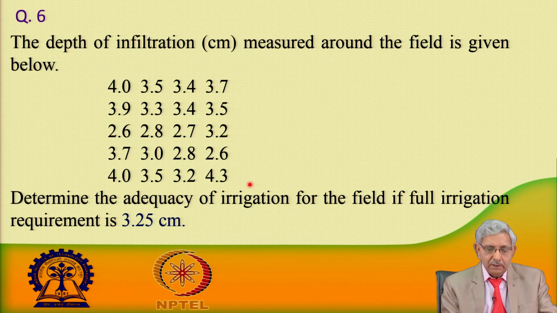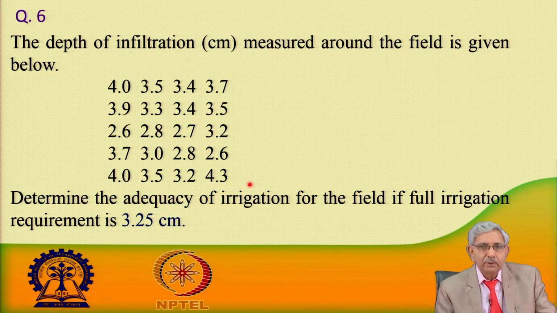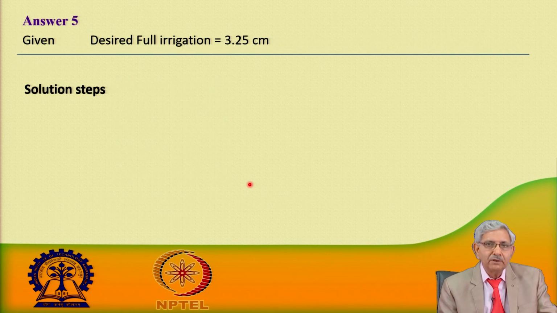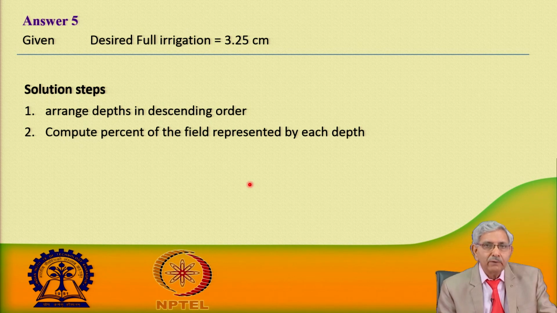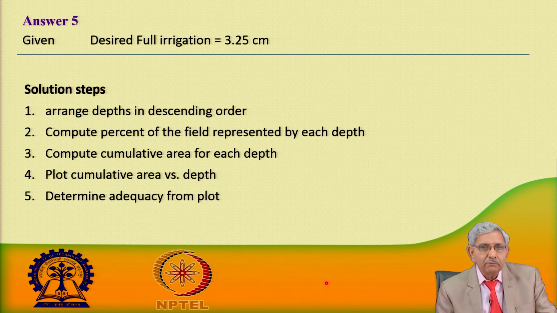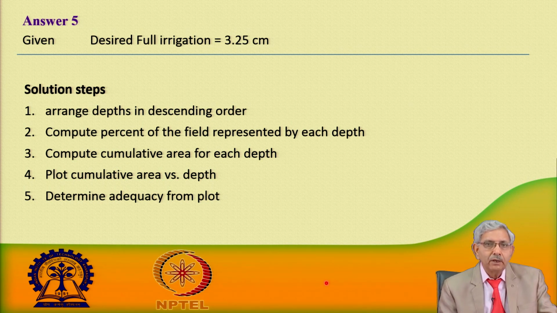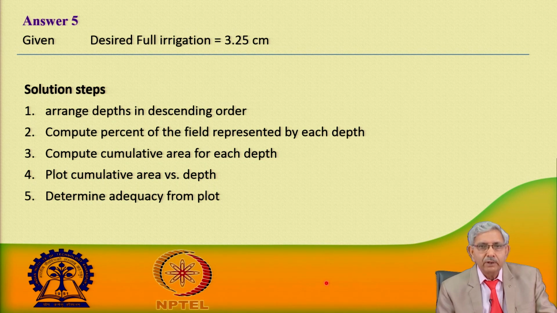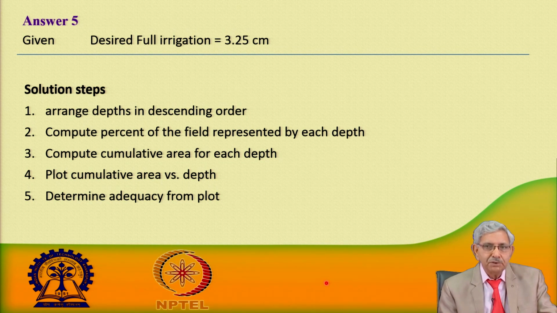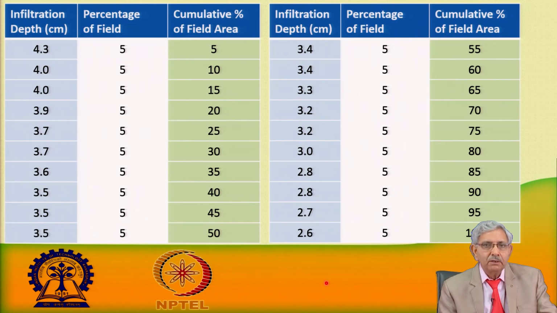The data which we have, we will put in descending order of magnitude, and then we will compute the percent of the field represented by each depth. Then we will compute the cumulative area of each depth, find the cumulative area versus depth, and from this cumulative area frequency curve we will get the adequacy of irrigation from the graph.